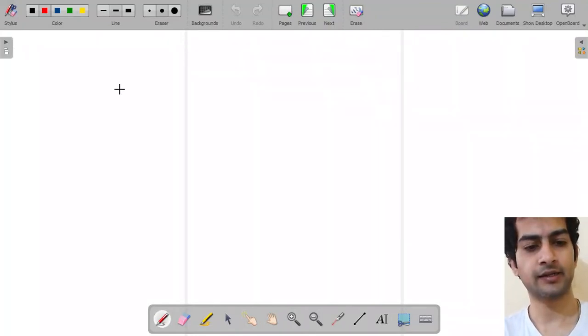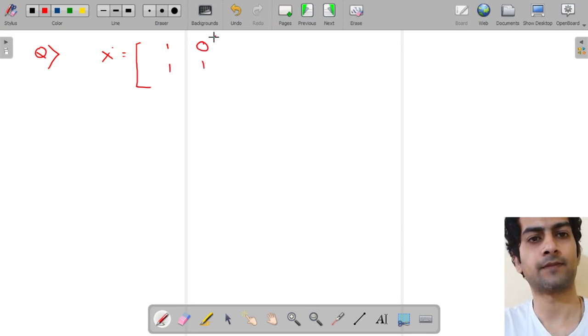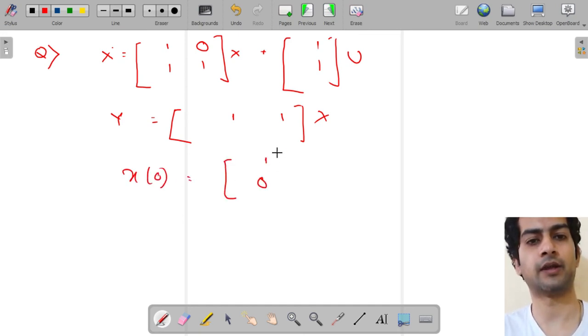Now let's take an example. We will solve an example, and I will solve it both ways, by method 1 as well as method 2, so that it will be clear to you. So let's suppose we have a state equation like this: A is [1 1], B is [1 1], y is [1 1] x, and initial conditions are 1 and 0.